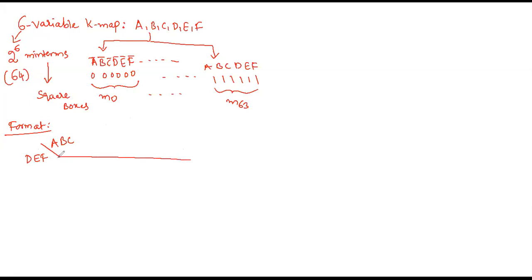With 3 variables, you have to write the 3-bit gray code sequence. Here also write down the 3-bit gray code sequence. That is 0, 0, 0.